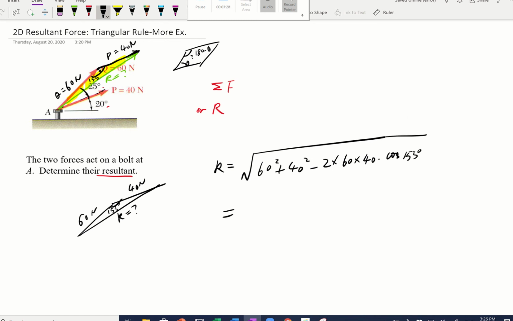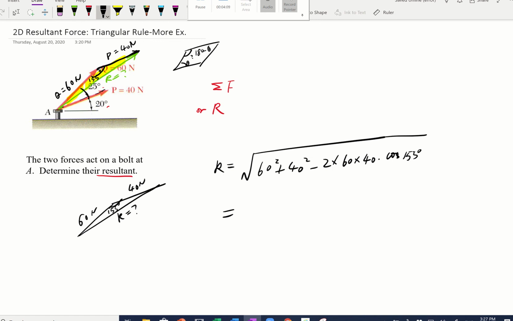Try to solve this along with me while you are going through this video. I put into my calculator 60 squared plus 40 squared, and then minus 2 times 60 times 40, times cosine 155 degrees.